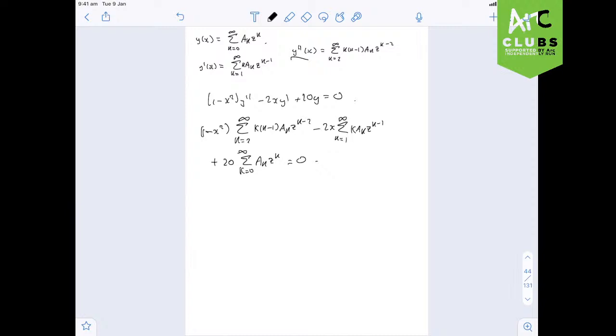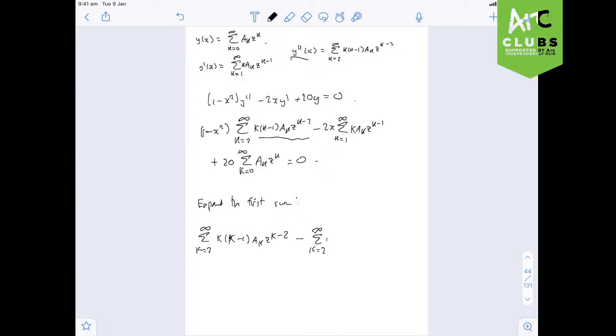Now let's just expand the first sum. So we get the sum from k equals 2 to infinity of k(k minus 1) a_k z^(k-2), minus the x squared. We can put it into the terms of the sum.